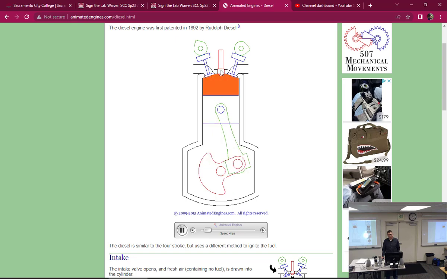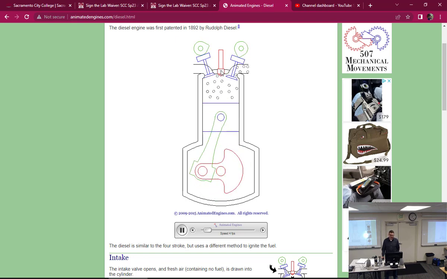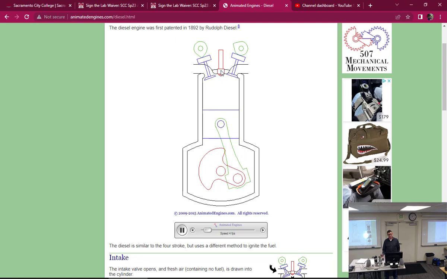They're insane numbers. And it wasn't until the last 5 or 10 years that gasoline cars started doing direct injection of gasoline into the cylinder, but still using a spark plug.